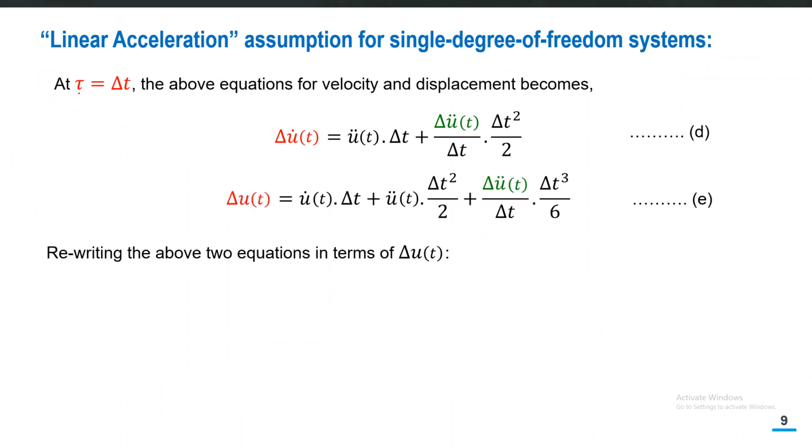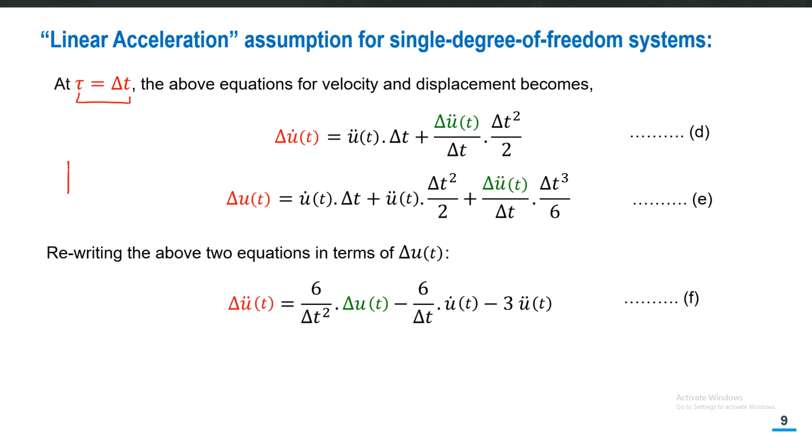At tau equal to delta t, which means at the end of the time increment, since we started with t equal to t and then we go to t equal to t plus delta t, in between we just assume a local variable tau. But at tau equal to delta t, the final point of that particular time increment, we can simply replace tau with delta t.